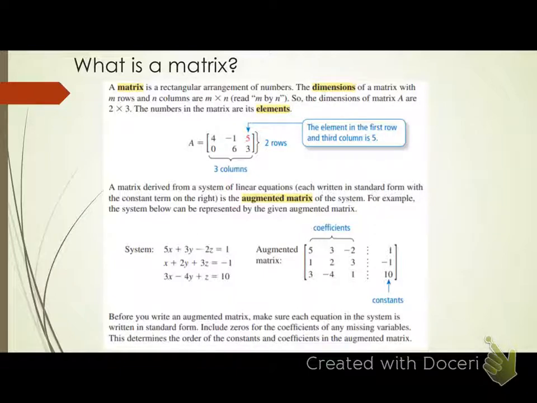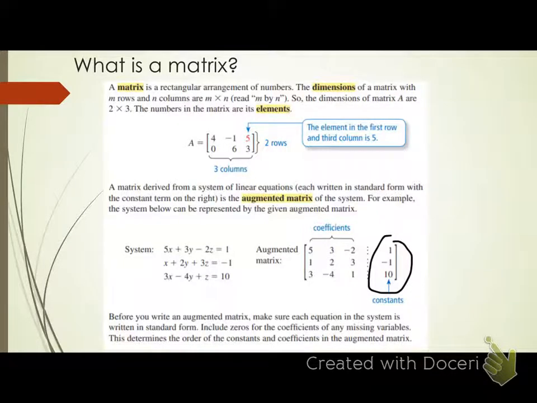So the coefficient on the first equation of x is 5. Coefficient for y is 3. Coefficient for z is -2. And as you can see there, they correspond with the elements in our matrix. And then the constants are over here on the right hand side. That's what all our equations equal. Those are our constants.